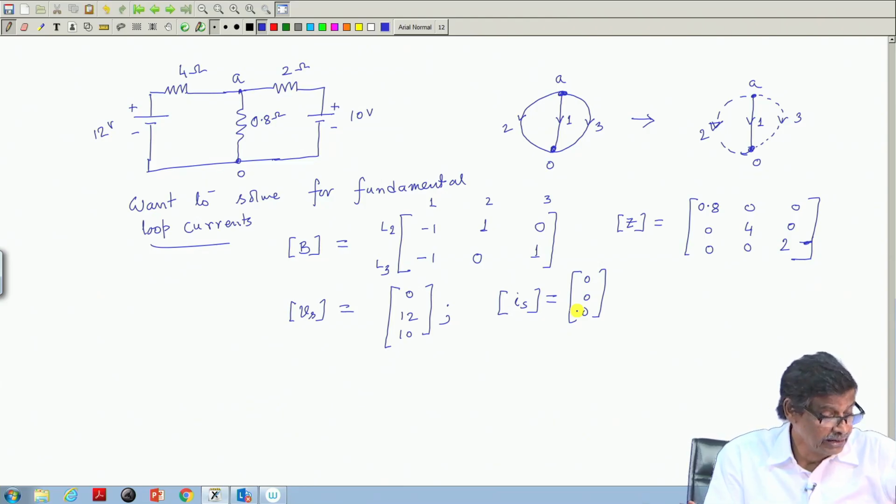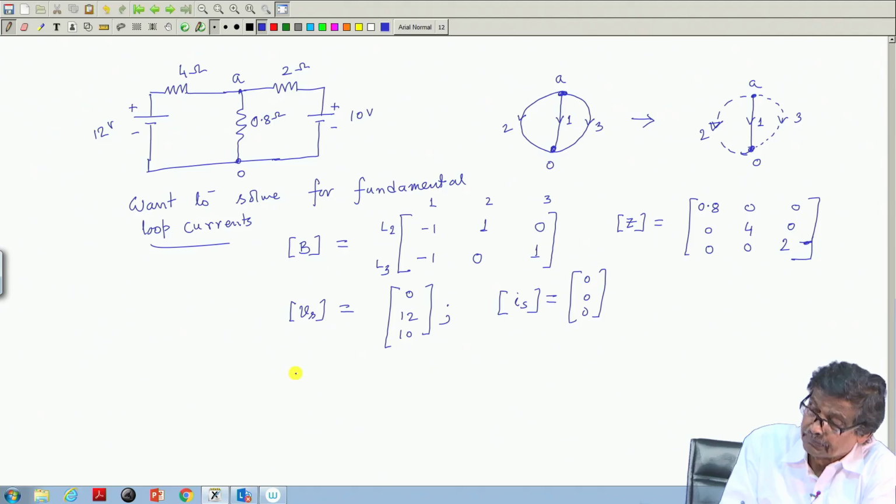I have to calculate then, keep this equation, let me write.